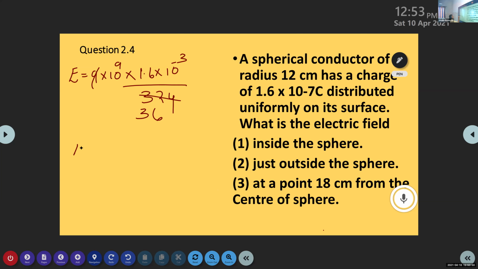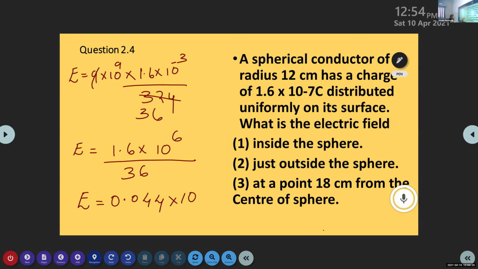E is equal to 1.6 into 10 raised to 6 divided by 36. Finally, we get 0.0444 into 10 raised to 6.